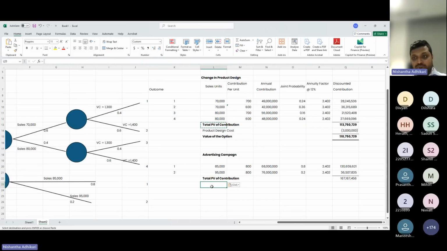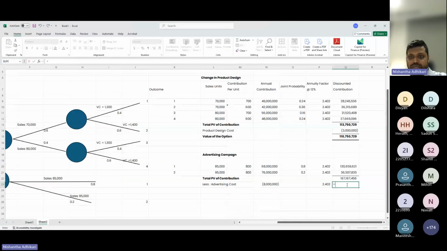There will be an advertising cost. You have to incur annually 8 million in advertising cost. Since you incur it for all 3 years, you multiply by the annuity factor to get the present value. 8 million into 2.40, it is 19 million you have to incur.